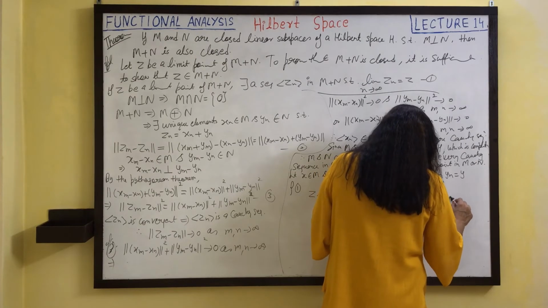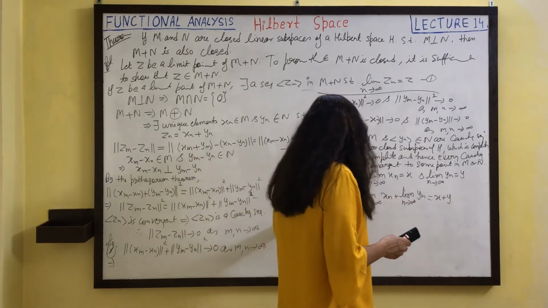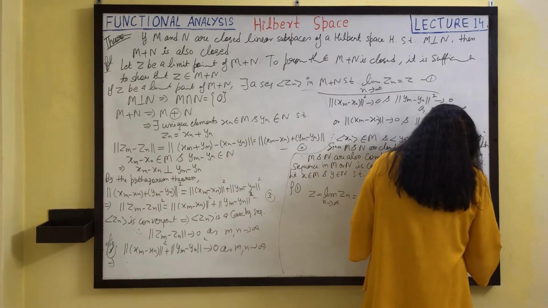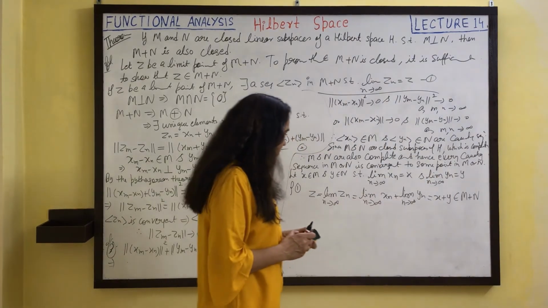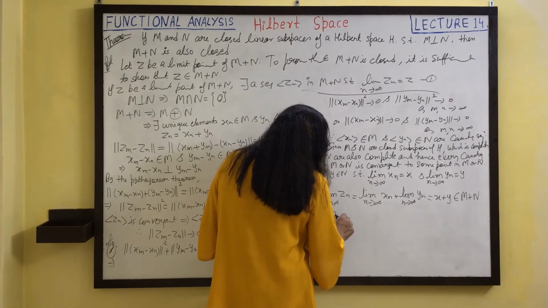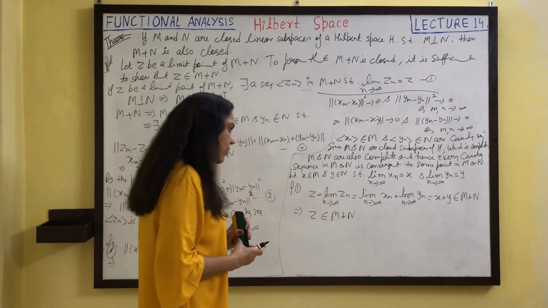So it is x plus y, and x belongs to M, y belongs to N. So x plus y belongs to M plus N, right? So finally z belongs to M plus N.